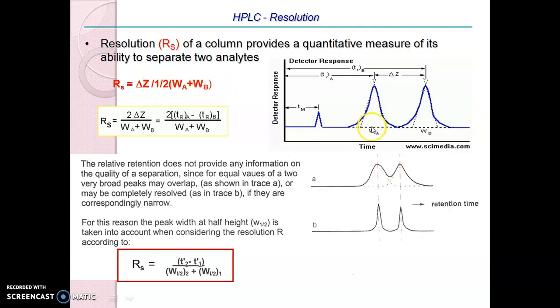WA is the base width of peak A, WB is the base width of peak B, while del Z is the difference between the two peaks, or the retention time difference between the two peaks. So this is the formula we use to calculate the resolution of the chromatogram.